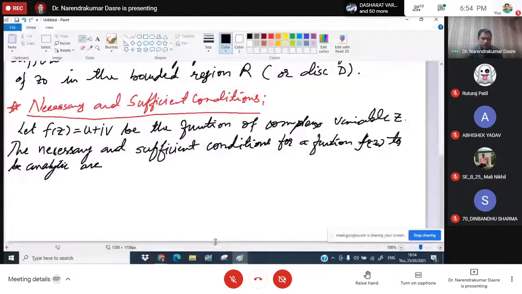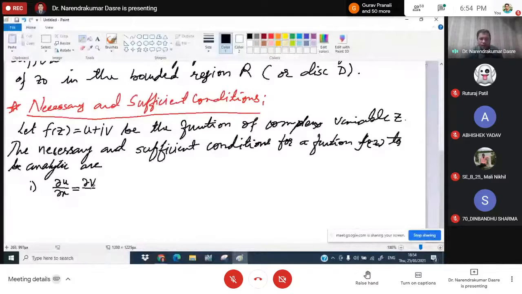First, ∂u/∂x is equal to ∂v/∂y, and ∂u/∂y is equal to minus ∂v/∂x.